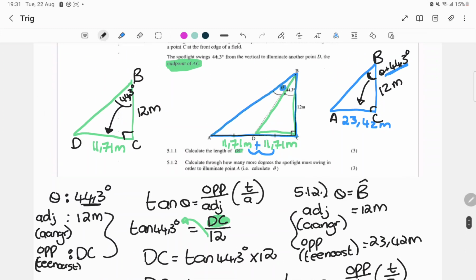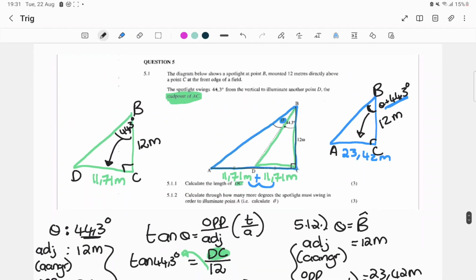What is important to know when it comes to these triangles is you need to be able to break down your triangles. Always go and see how many 90-degree triangles you have, and if you have to, redraw them so that you can see in which triangle lies what we are asking. Then you need to know your ratios: tan theta is your opposite over your adjacent, cos theta is your adjacent over your hypotenuse, and sine theta is your opposite over your hypotenuse.